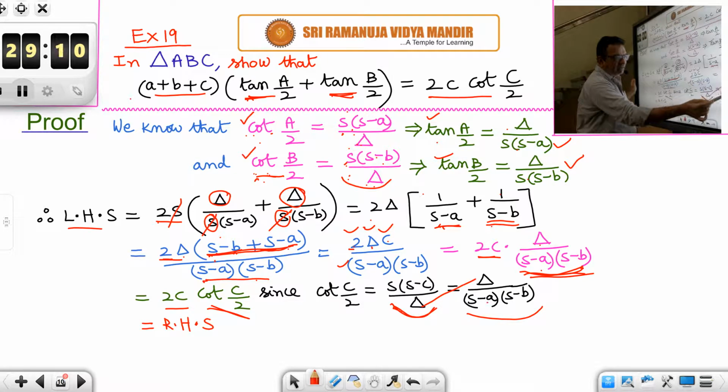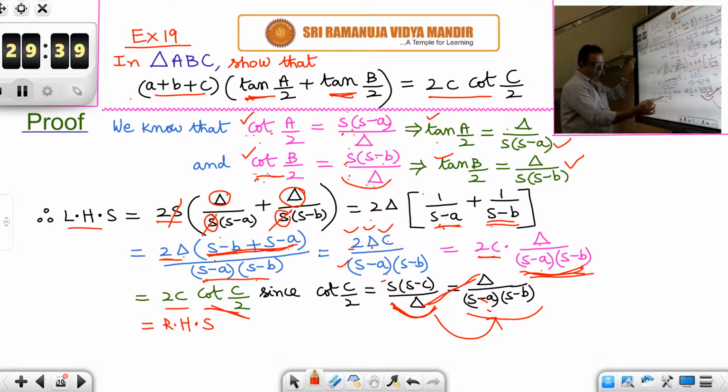Delta square is equal to s into s minus a into s minus b into s minus c. That is correct, because delta is the square root of s into s minus a into s minus b into s minus c. Therefore, if you cross multiply, you are getting it correctly. Delta square is equal to the product of all the 4, s into s minus a into s minus b into s minus c. Therefore, cot c by 2, this is the actual formula, but that is also equal to this. So, 2c cot c by 2 is the right hand side.